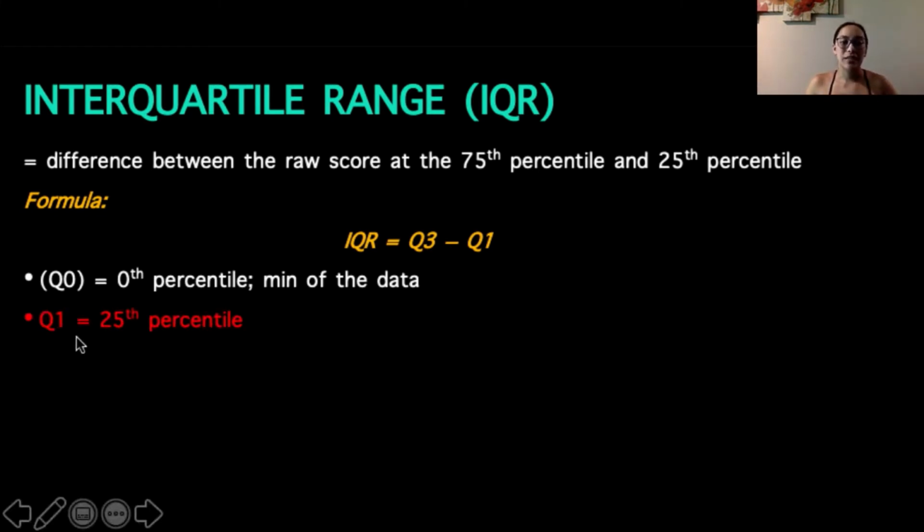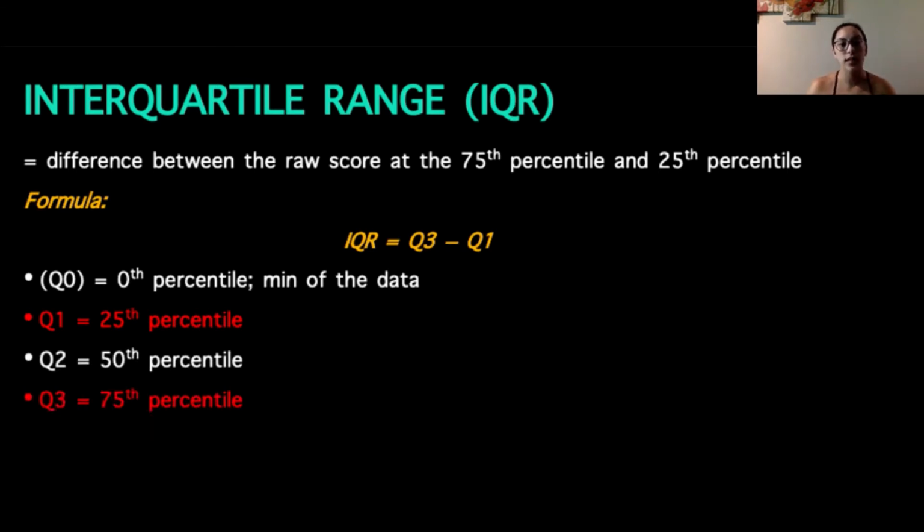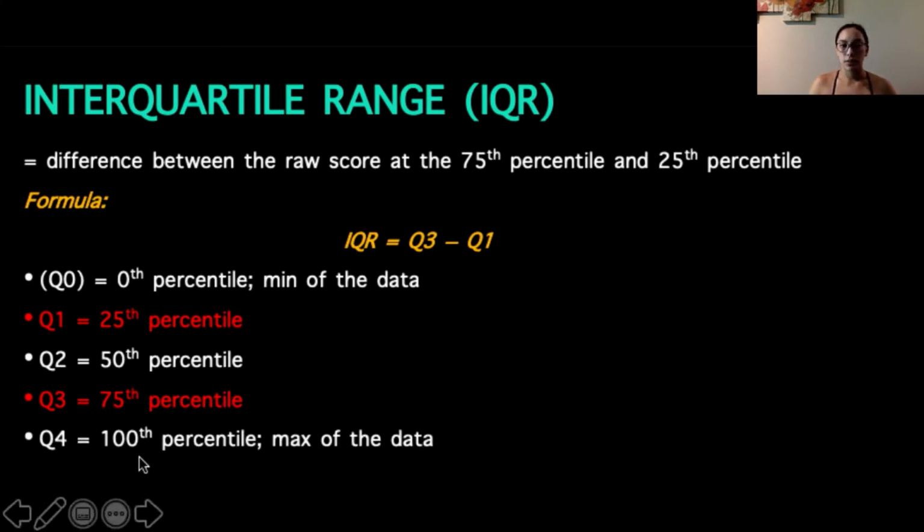Q1 is going to be associated with the 25th percentile, so the lower quarter of the data. Q2 would be the 50th percentile, the exact middle of the data. Q3 is the 75th percentile, or 3/4 of the data. And Q4 is the 100th percentile. Okay. Now, each of these quartile values is associated with a single value that exists at each of these percentiles.